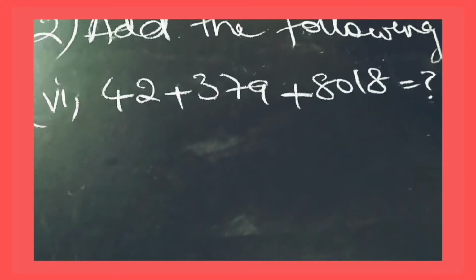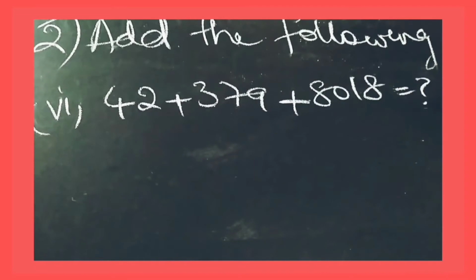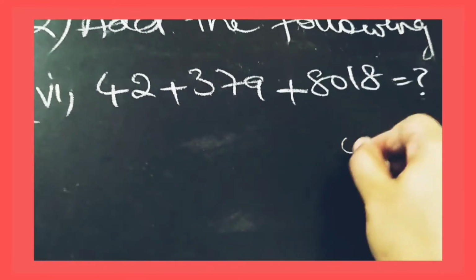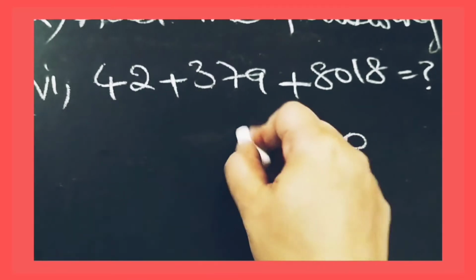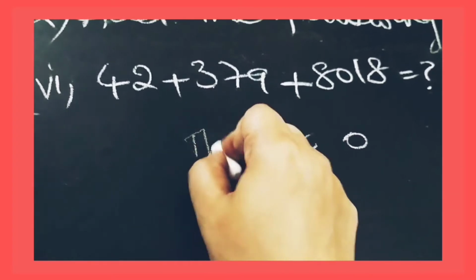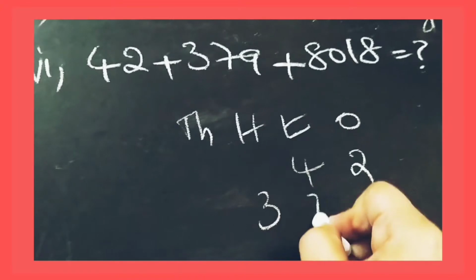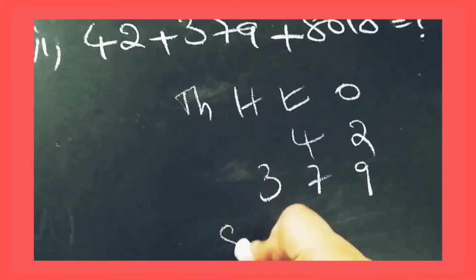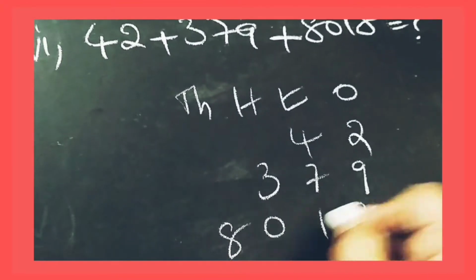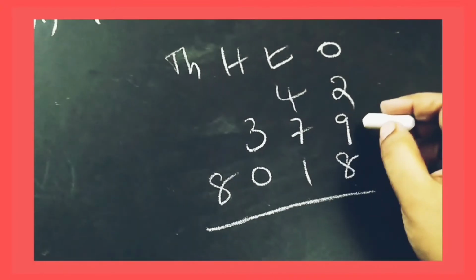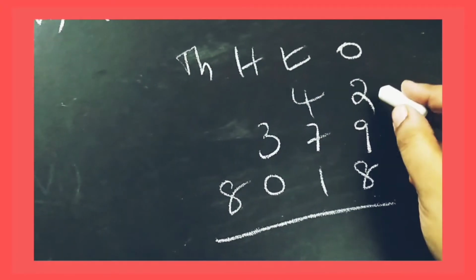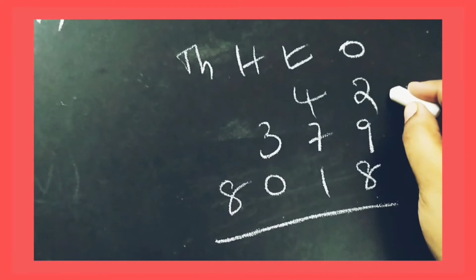Sixth one is 42 plus 379 plus 8018. Again ones, tens, 100, 1000. It is 42. Then 379. Then 8018. 9, 10, 11.